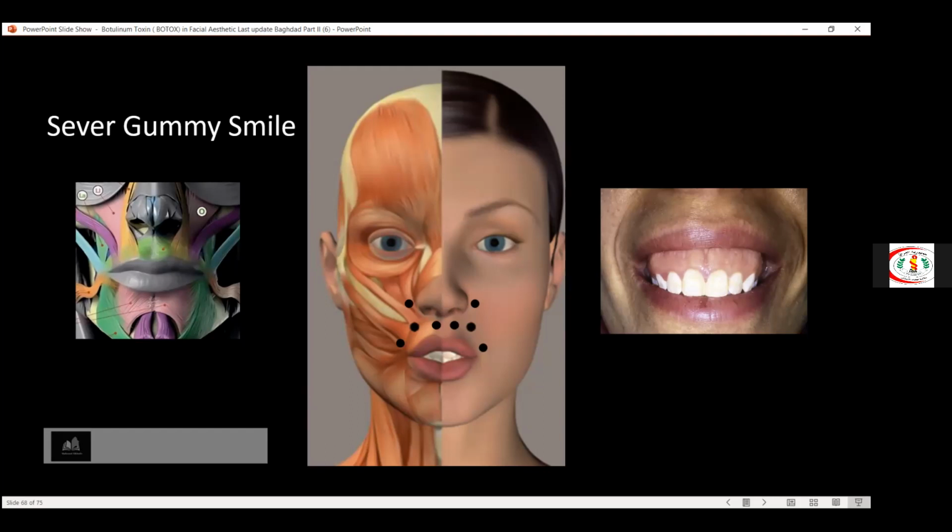Okay doctor, the other question from Dr. Rebaz: is there any relation between filler or Botox and teeth sensitivity? Hypersensitivity. Okay, good question too. Actually, there is a report.